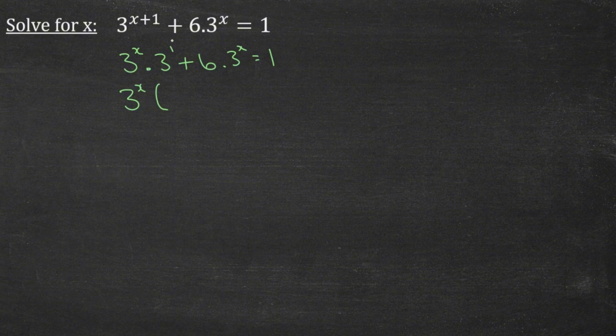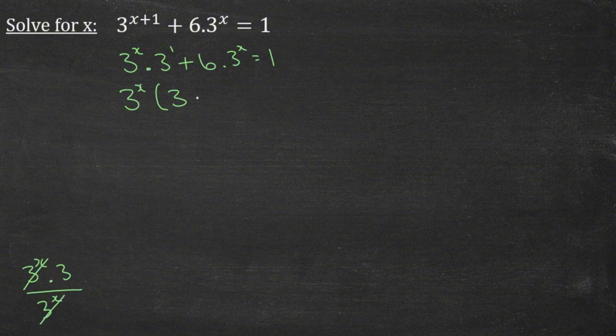If I take this first term and I divide it by the common factor, what is left over is 3 to the power of 1. Remember, we do not write 1 as an exponent. Let me show you how I got this 3. If I take 3 to the power of x multiplied with 3 to the power of 1, and I have to divide it by my 3 to the power of x, you cancel these two factors. What is left over?